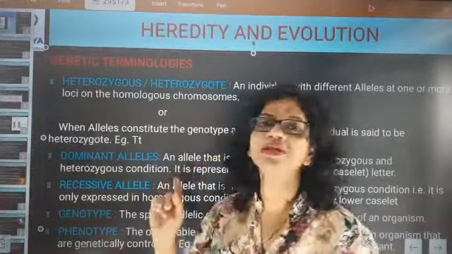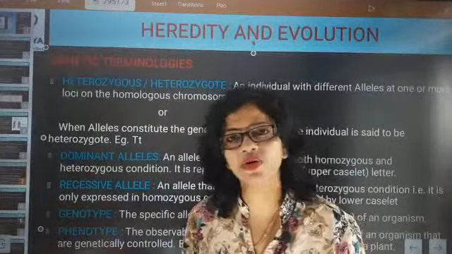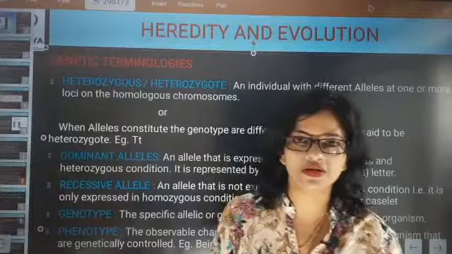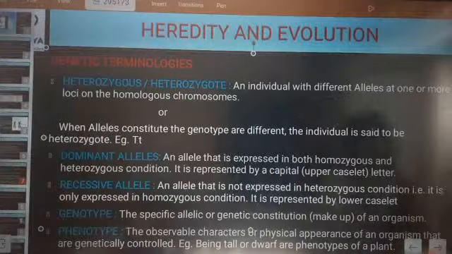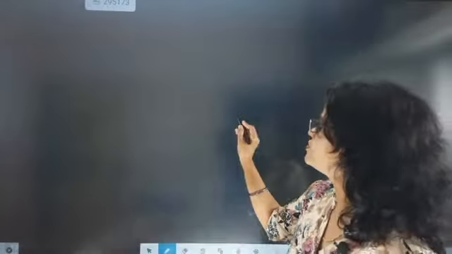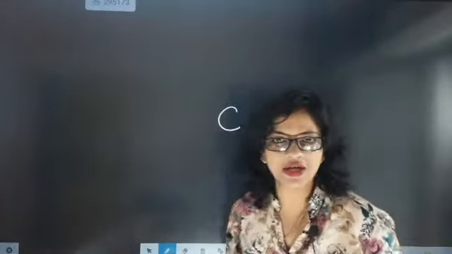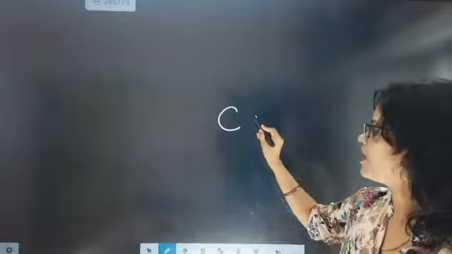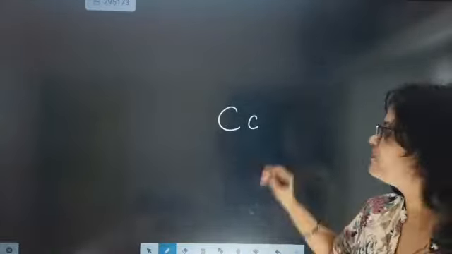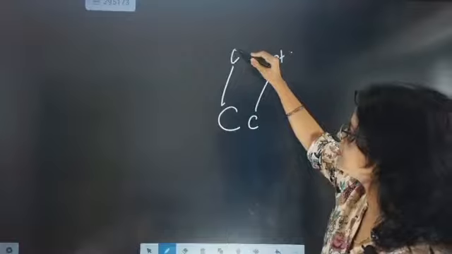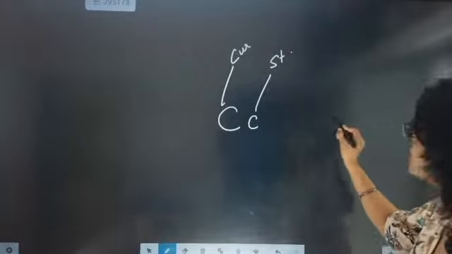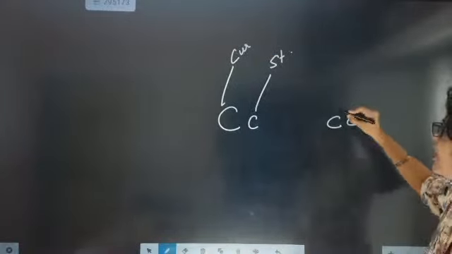We have seen that curly hair is dominant. So father has curly hair, this is a straight hair, this is curly. Now mother has both straight hair.